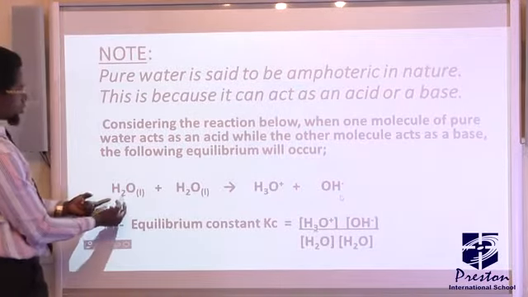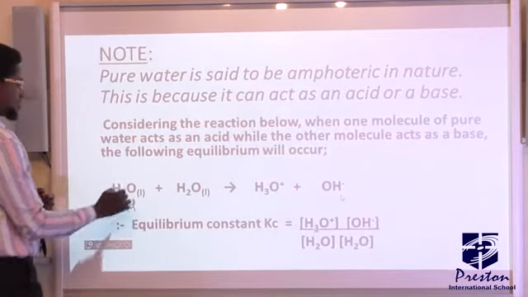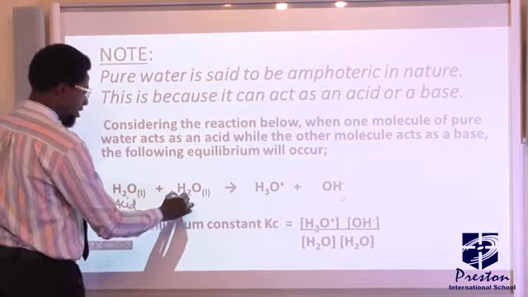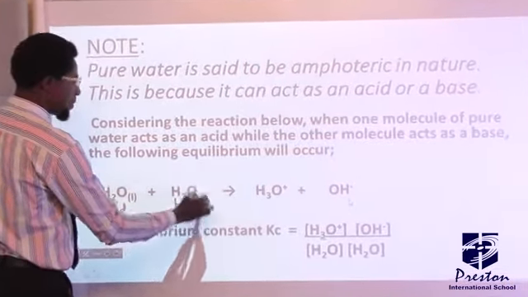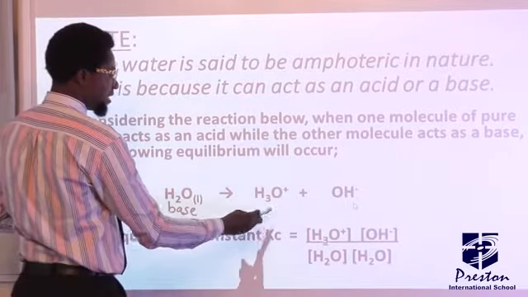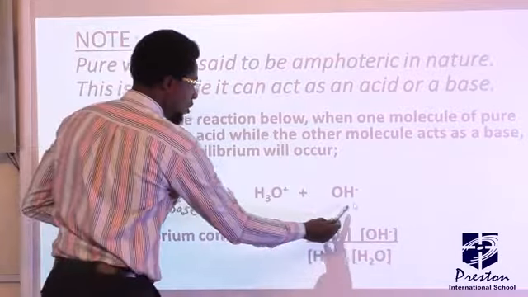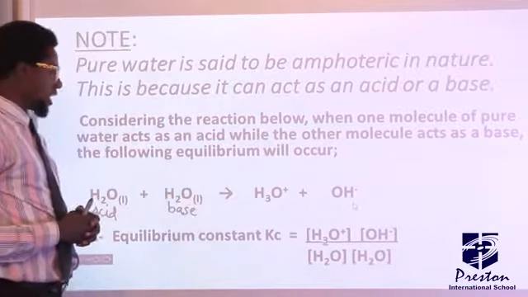Now, this is 1 molecule of water. If this one is acting as an acid, then the other 1 molecule is acting as a base. Then what is going to form is a conjugate acid, called hydronium ion, and this is now a conjugate base, hydroxide ion.